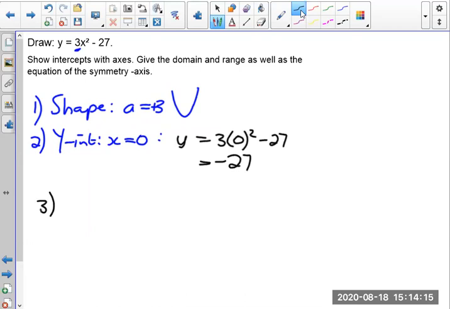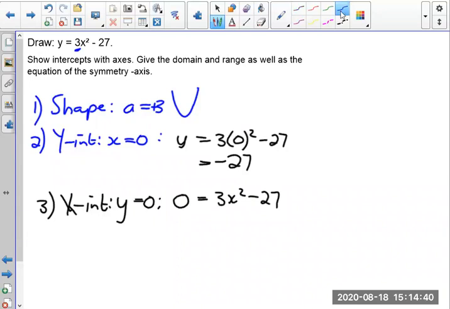Now, I want the x-intercepts. And for x-intercepts, you make y 0. And I say again, doesn't matter if it's a parabola, a straight line, exponential graph, hyperbola. If you want x-intercept, you make y 0. So now I make y 0. And I said we factorize.